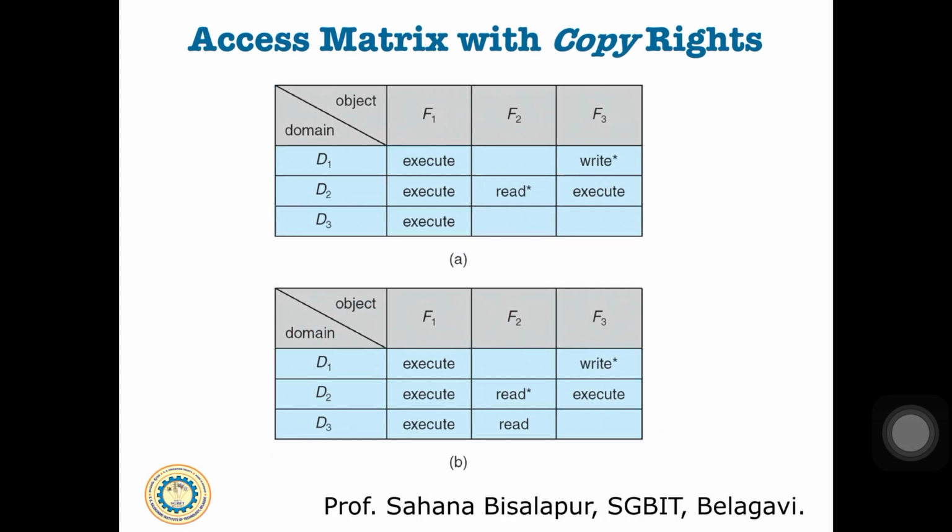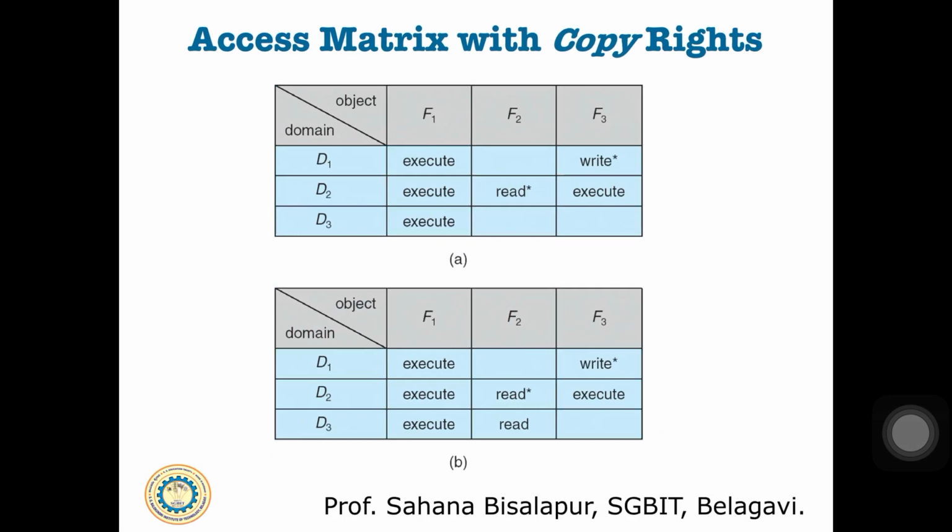So here you are performing a transfer of a right rather than a copy. For example, if you move this read from D2 F2 to D3 F2 completely, then you are performing a transfer operation. But here what we are doing is keeping the D2 F2 read operation as it is, and also copying it into D3 F2, right?